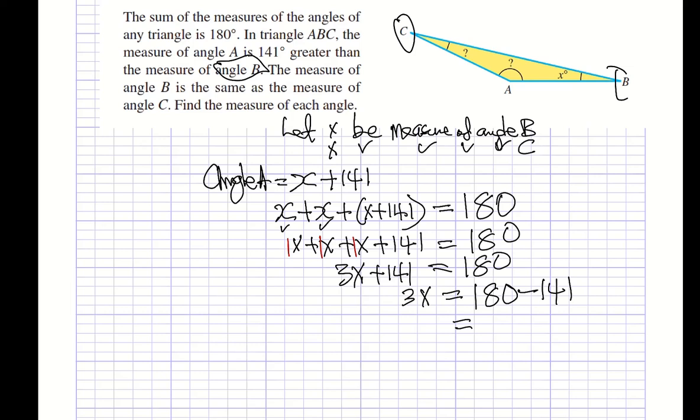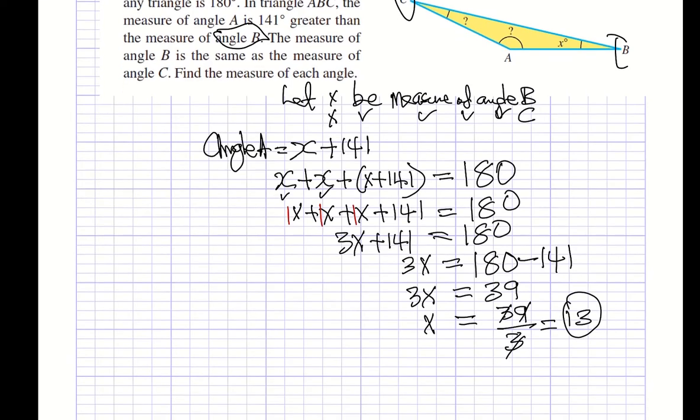If you take out 141, 39 remains. So 3x is equal to 39. Divide by 3. Oh, sorry, I'm jumping the gun. You get 39 over 3. 3 divided by 3 is 1, 9 divided by 3 is 3. So it's 13.